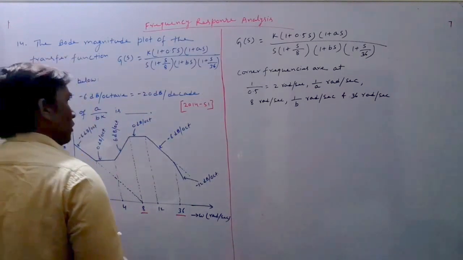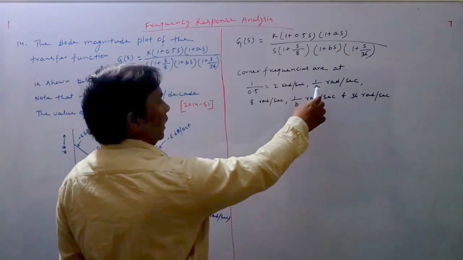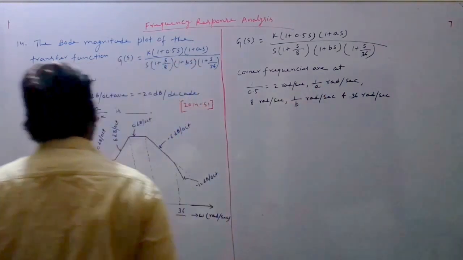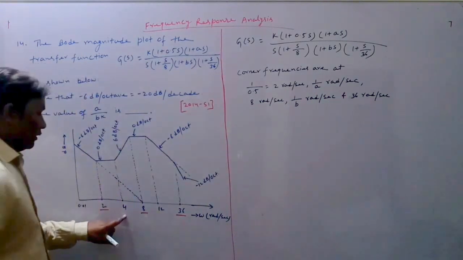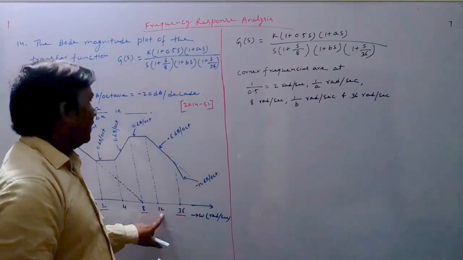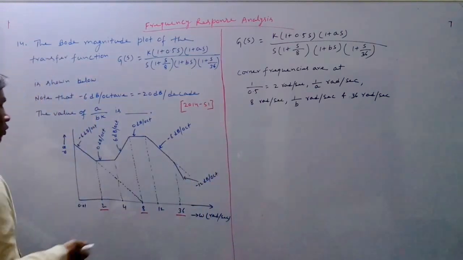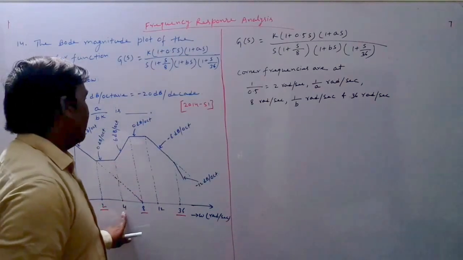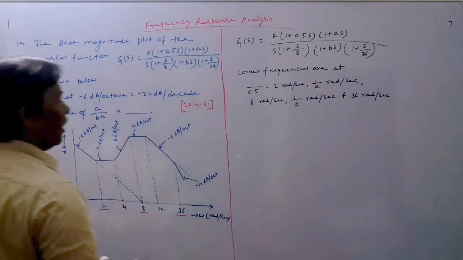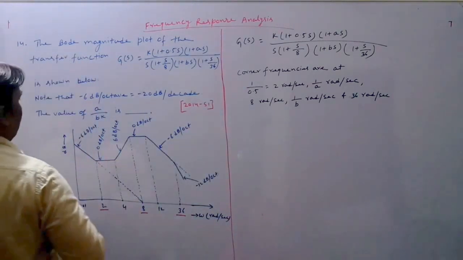So the two corner frequencies that are unknown are 1 by a radian per second and 1 by b radian per second. This 4 and this 12 may be those frequencies 1 by a and 1 by b. Which one is 1 by a and which one is 1 by b, we will see how to evaluate.